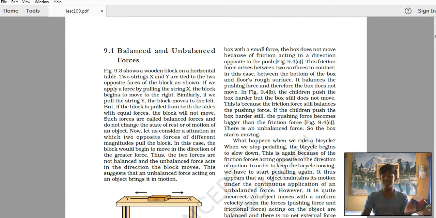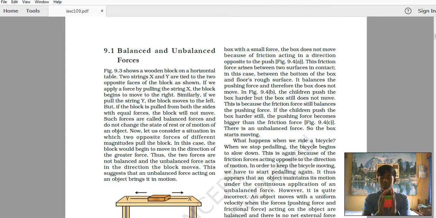What is balanced and unbalanced force? I am explaining what balanced force is at first, then unbalanced. Balanced force: suppose this is an object, there are two forces acting on it in opposite directions. Suppose this is force 1, this is force 2. They are acting like this, like this.